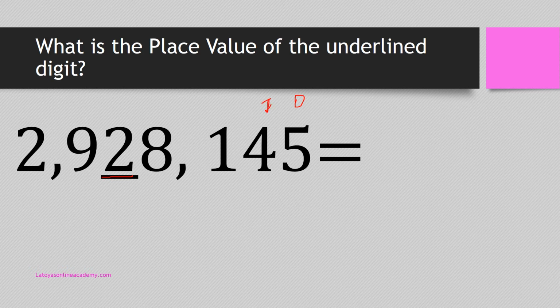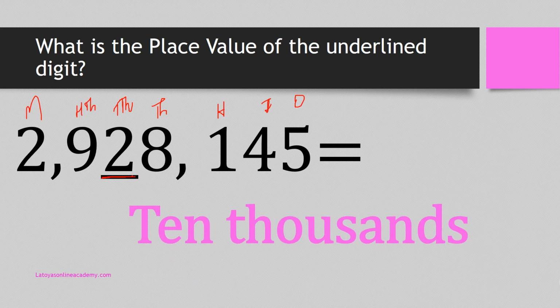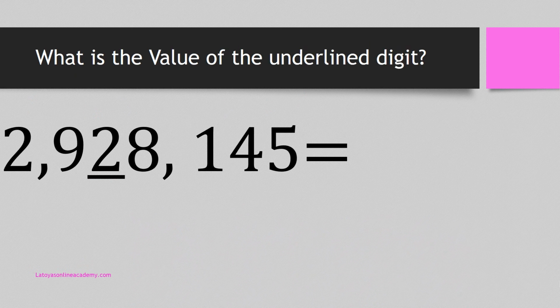So this is tens, this is hundreds, this is thousands, 10,000, and then 100,000s, and then millions. So what is the place value for this underlying digit? The place value is 10,000s.